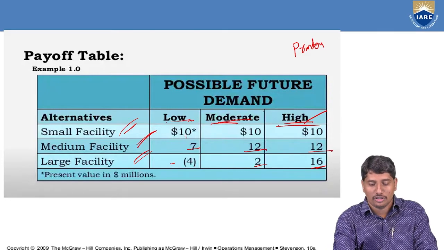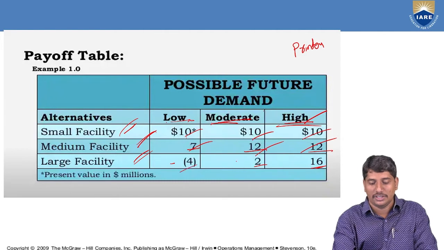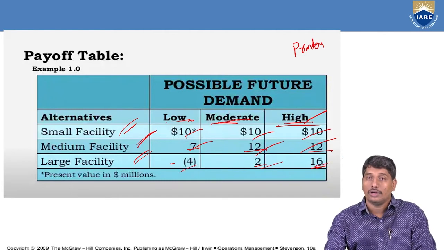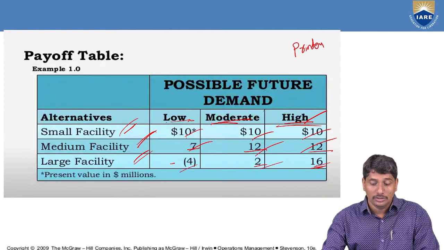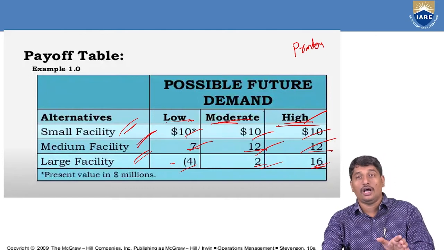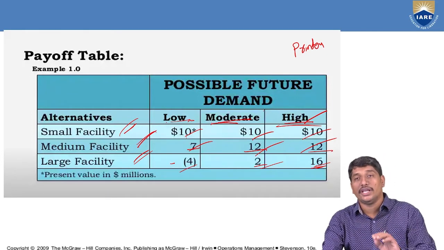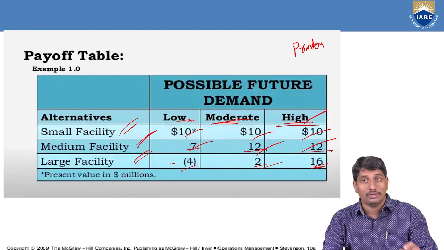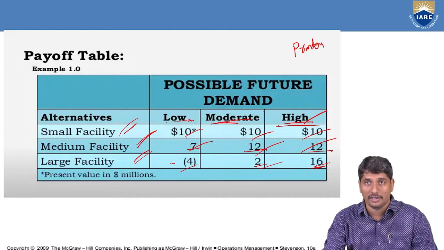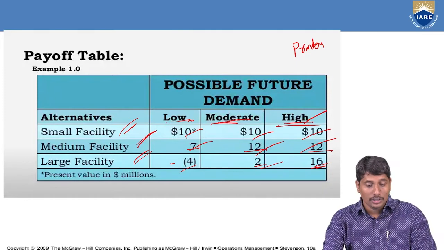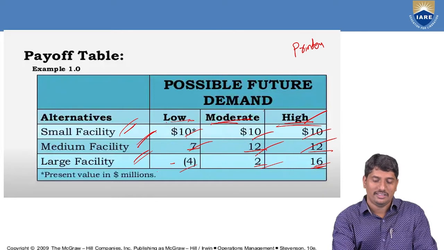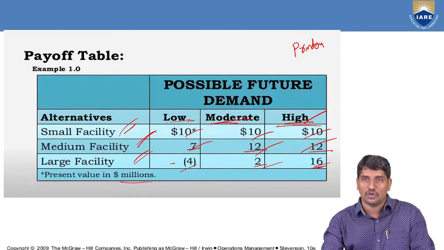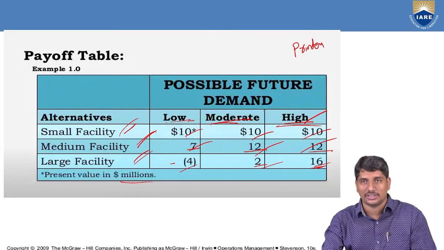And the payoff values are +10, +10, +10, +7, +12, +12, -4, 2, 16. So in this situation, how are we going to use different criteria to make a decision? There will be some mathematical and scientific procedure behind the criteria, which we are going to see now. Here, dollar means not just $10; he's telling millions, $10 million, $7 million. That you have to understand.